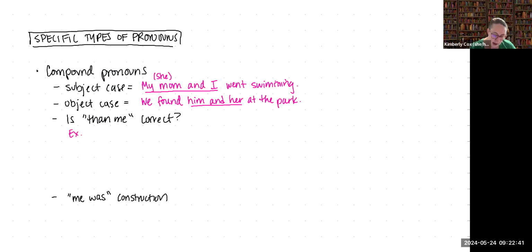They were taller than me. Is this sentence grammatically correct according to a prescriptivist view? Because I guarantee you this is the sentence that we would say, they were taller than me. Take a moment, figure out your answer, write it down.